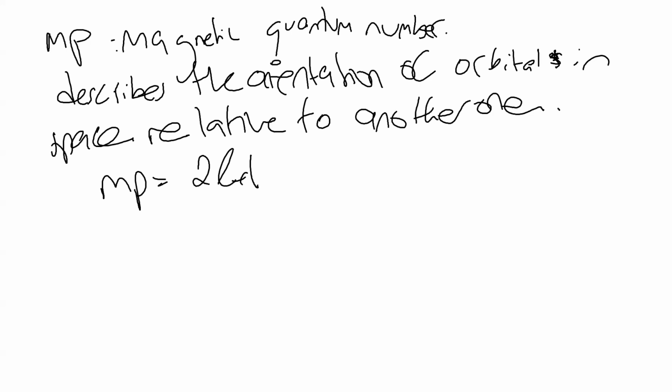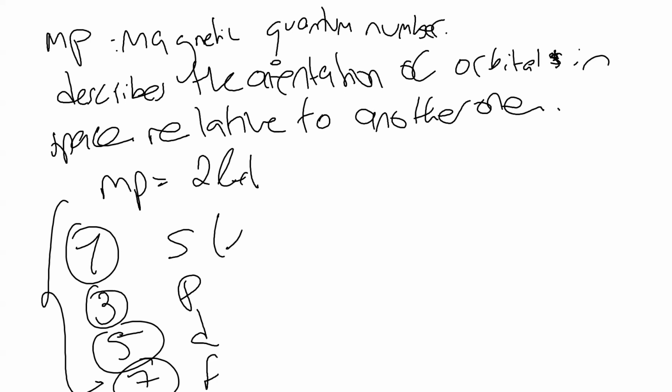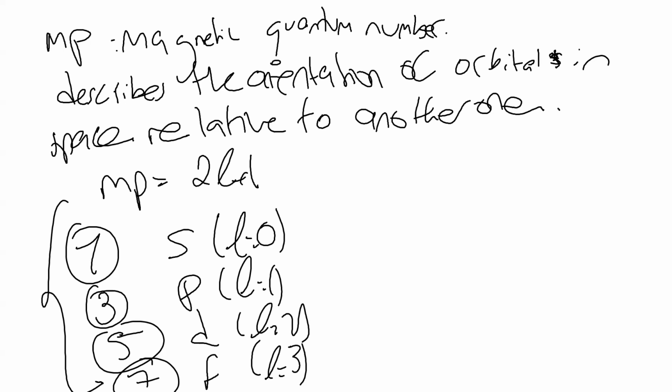So let's say we have the first one, 3, 5, 7. These are the degeneracies. So of course you're going to have the s, the p, the d, the f. So l equals 0 here, l equals 1, l equals 2, l equals 3. So here the value of ml is 0. Here the value of ml is minus 1, 0, 1.